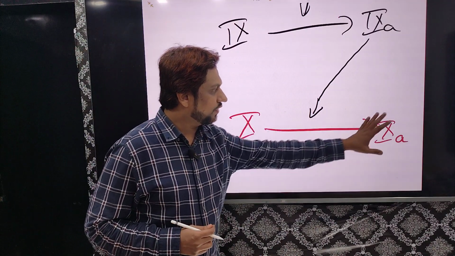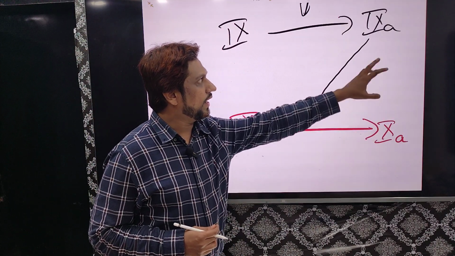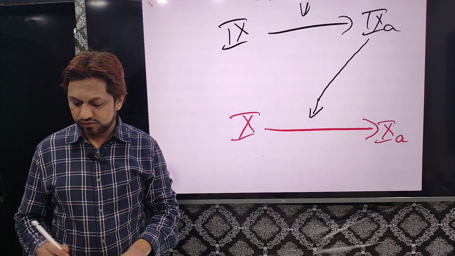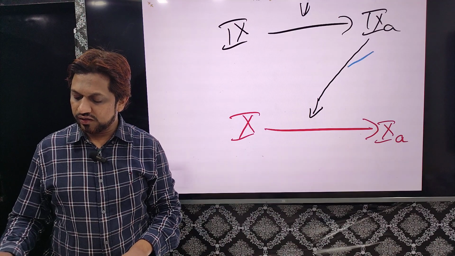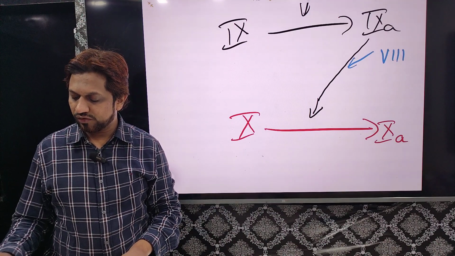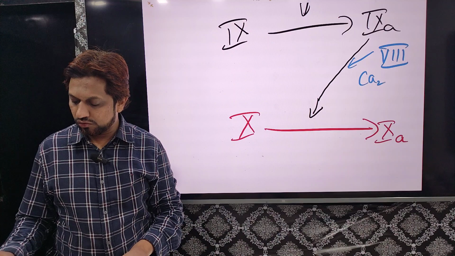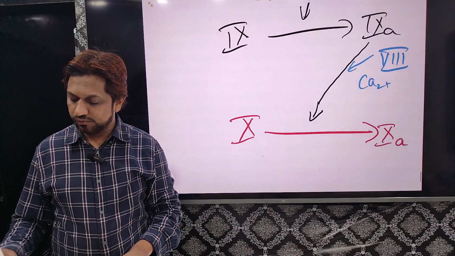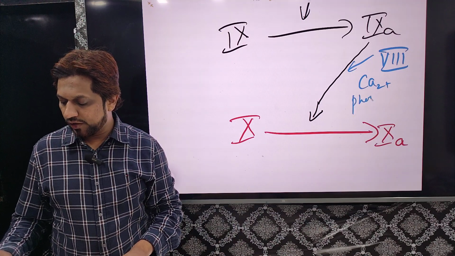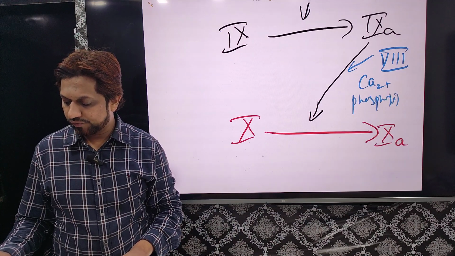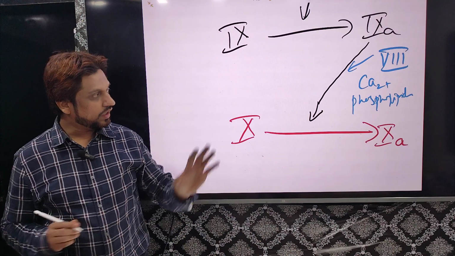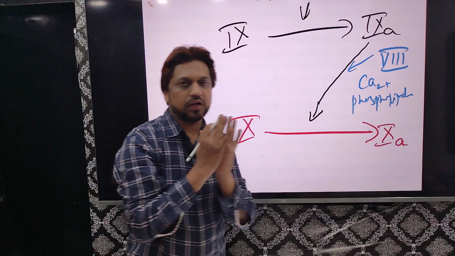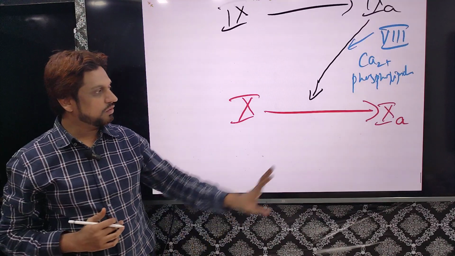Inactive factor 10 gets converted into active factor 10a by the factor 9a, but along with this some substances are required, that is factor 8, calcium. Here also calcium was important. Then some phospholipids, platelet phospholipids. So all these substances are required for the conversion of the inactive factor 10 to activated factor 10. Okay, this is very much important.